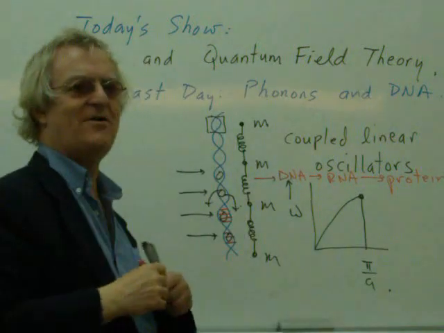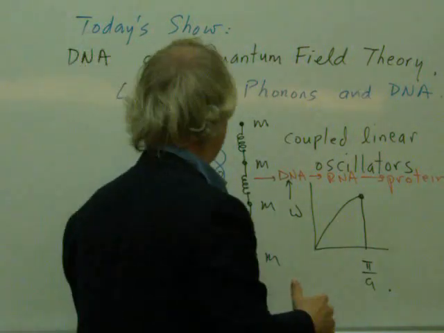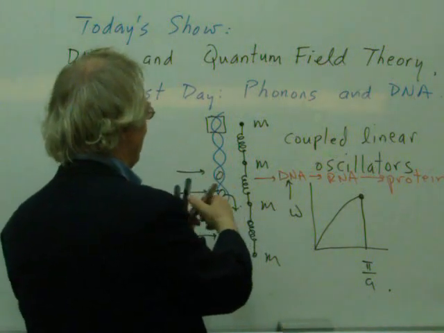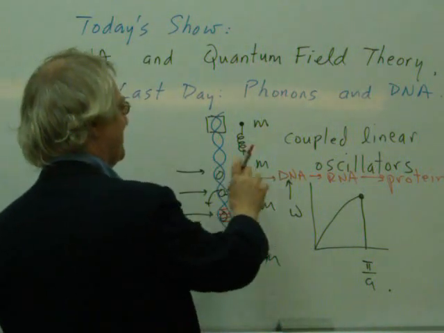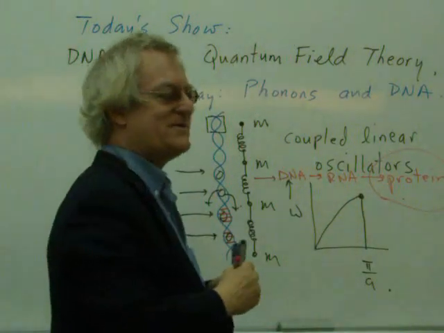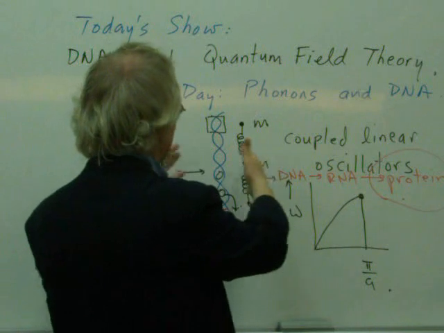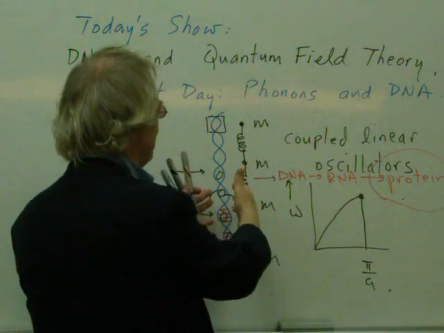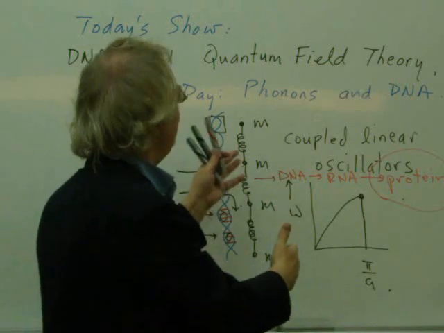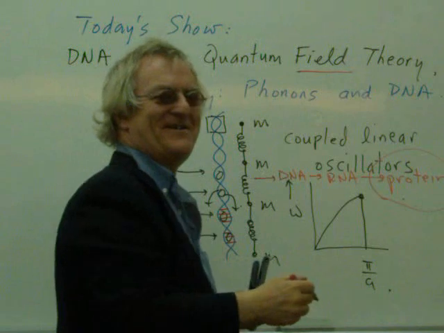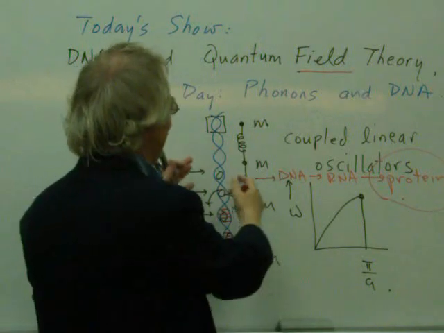But this is all a quantum mechanical operation. Particles come in quantized amounts, and then new particles are produced in quantized amounts. So this whole DNA could be considered to be a field. I've got field here, I've got field there, and so this whole DNA is now a field.